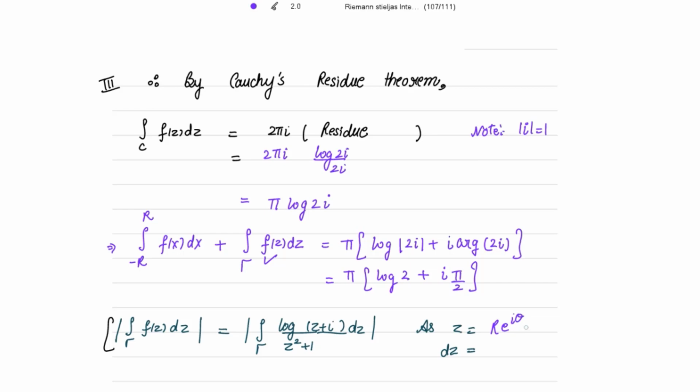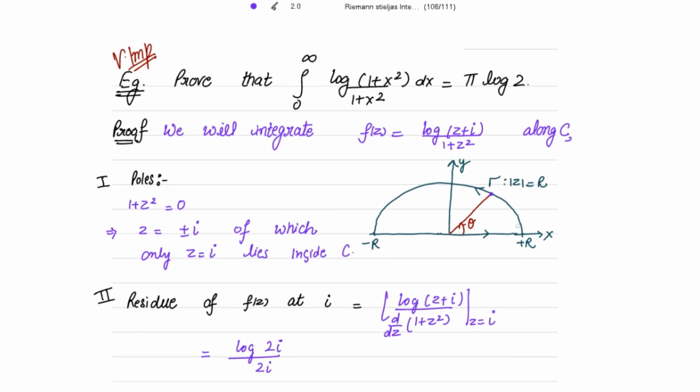And z is R e to the power iota theta on tau, and dz is R e to the power iota theta into iota d theta. Fine? Alright. And what is the angle made by this tau? It is from 0 to pi, right? Look over here, from 0 to pi.